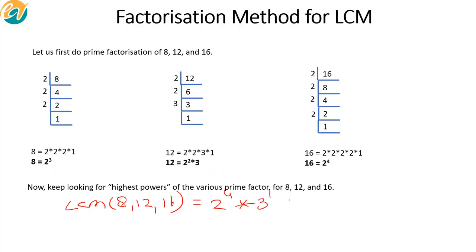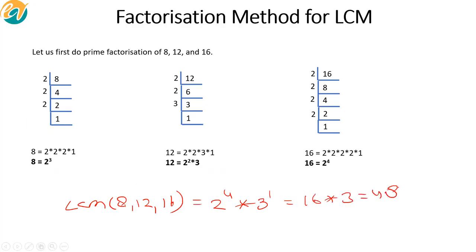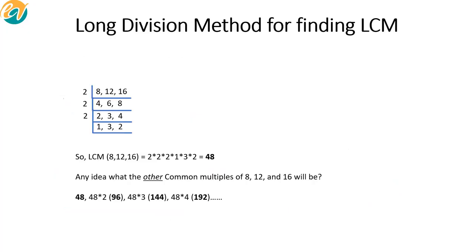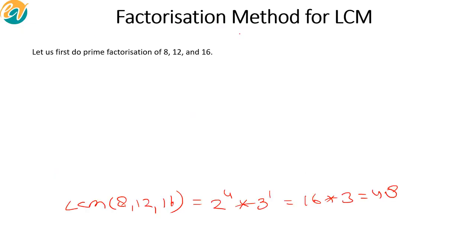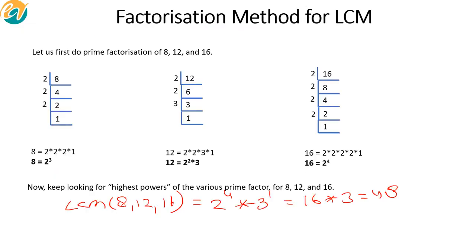And if you calculate this, how much is it? 16 into 3, which is 48. So if you remember, this was exactly the same answer that we were getting through the long division method as well. So 48 is the LCM of 8, 12, and 16.